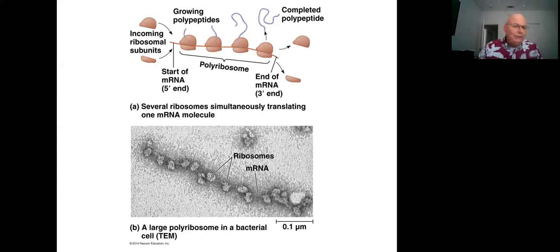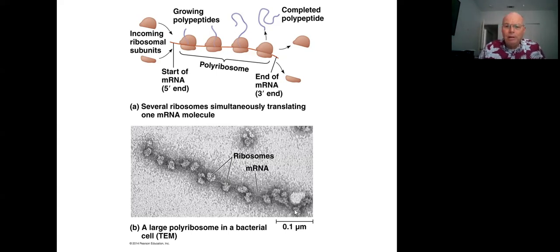As soon as there is sufficient space for the binding of another ribosome to the 5' end of the messenger RNA, a new ribosome attaches to begin the process of translation. And that creates a structural unit called a polysome or a polyribosome. Polysome is the old name, polyribosome seems to be the preferred name now.